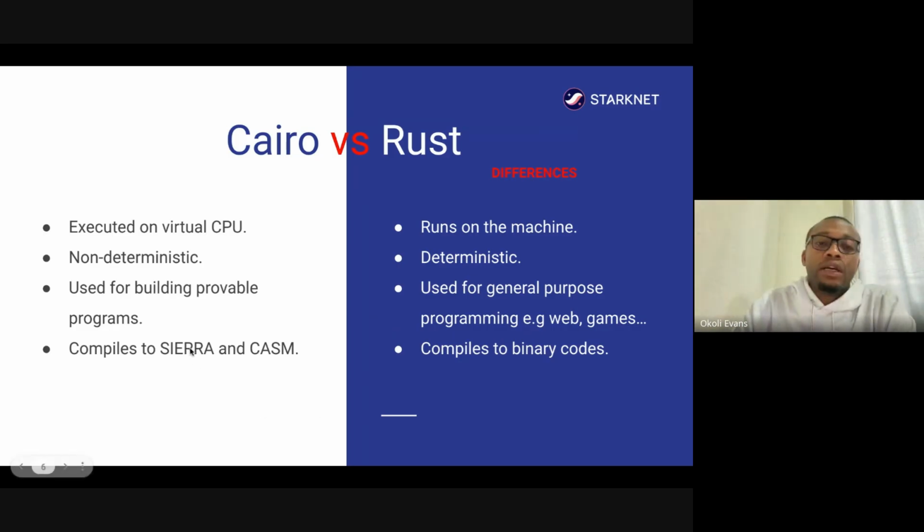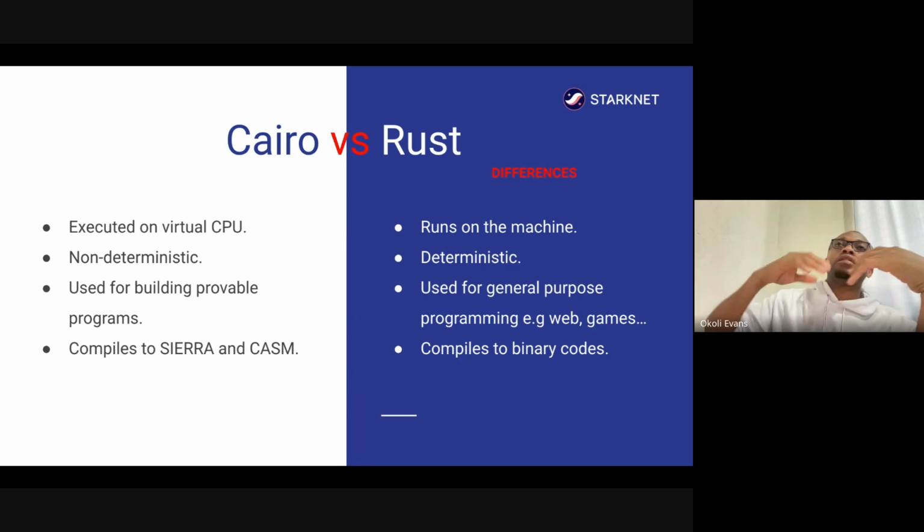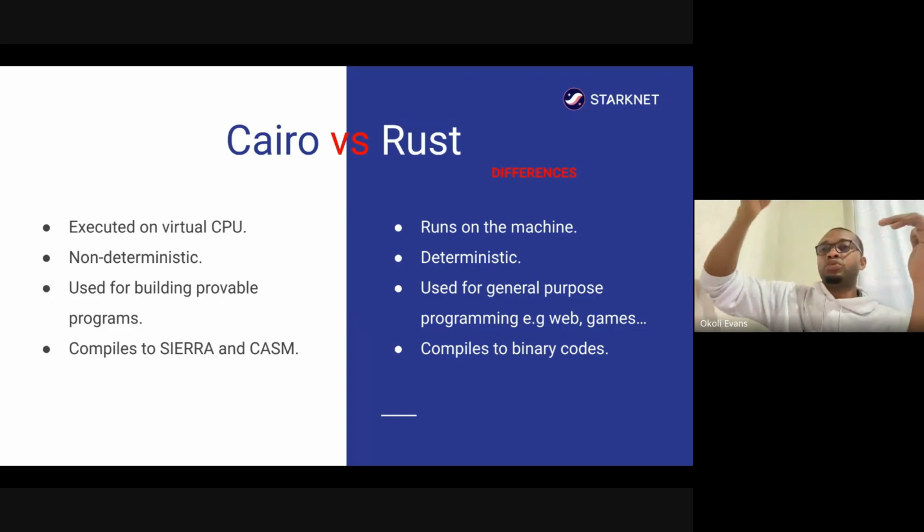So Cairo compiles to Sierra and Casm, while Rust compiles straight to binary. It's one of the reasons why Rust is very fast, because once you compile Rust, it goes straight to binary, to machine code. So it's faster to run Rust than other languages like Python and JavaScript, which you still have to compile first.